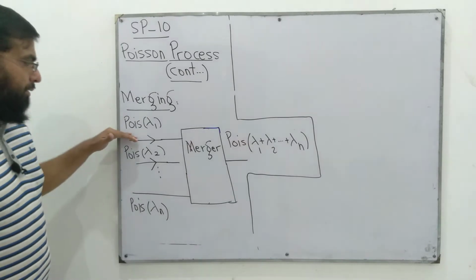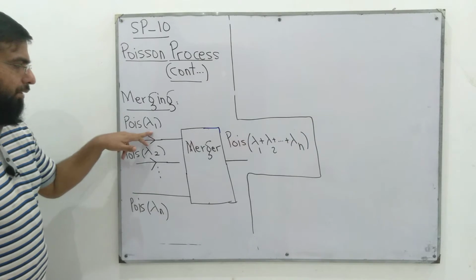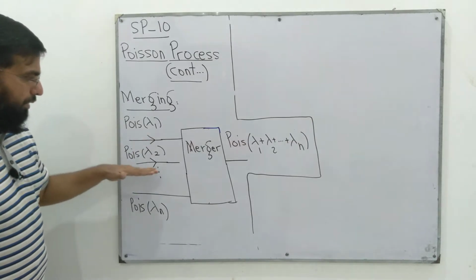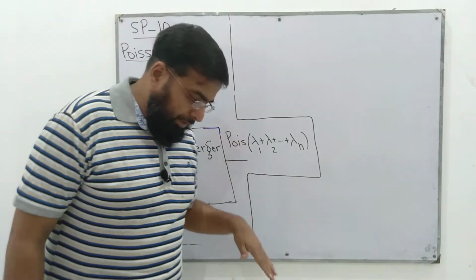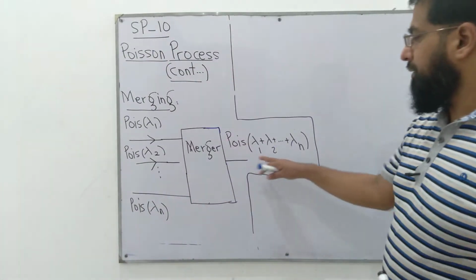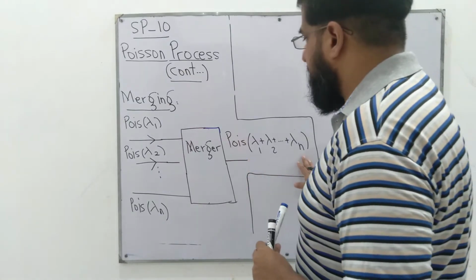If the first process has a parameter lambda 1, the second lambda 2, and the final lambda n, the merged process has one parameter, that is the sum of all these parameters.